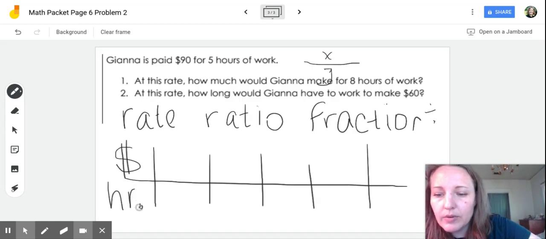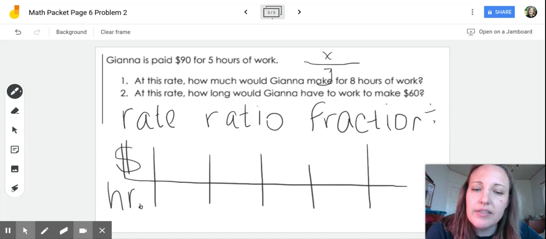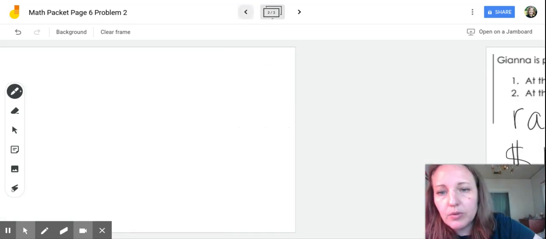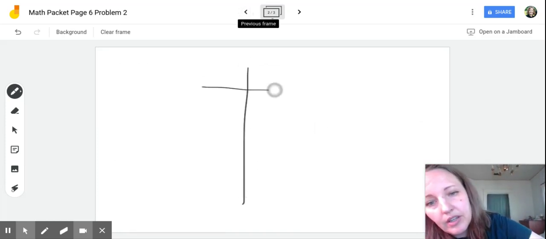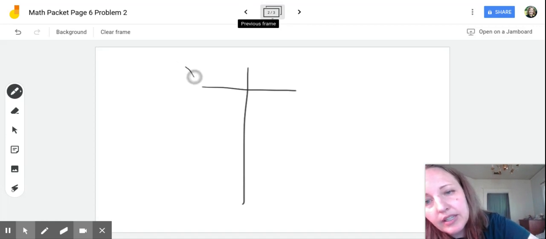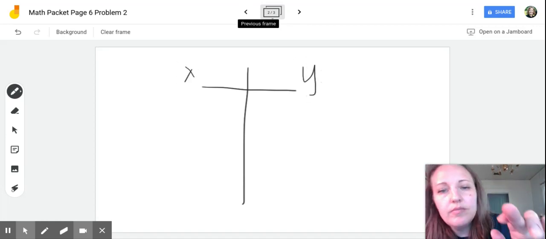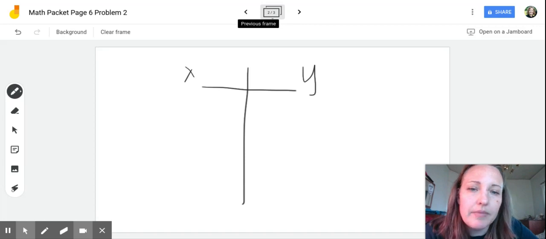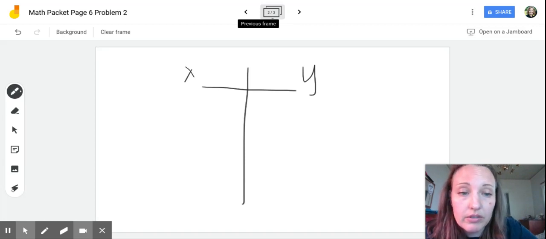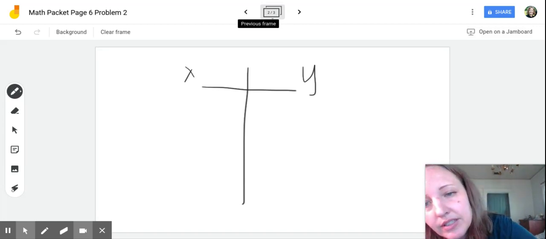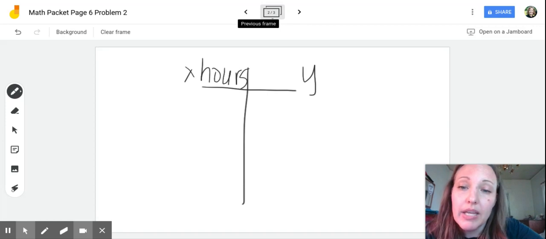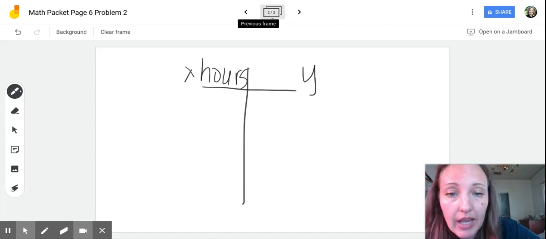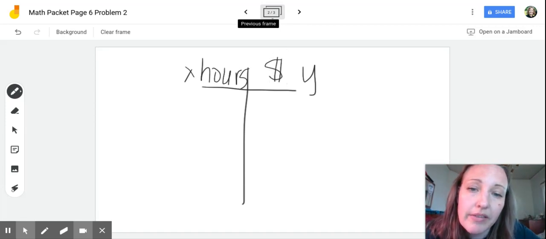If I thought about this as an X, Y, then hours would be my X value because it's my independent variable. And my money is my Y value.